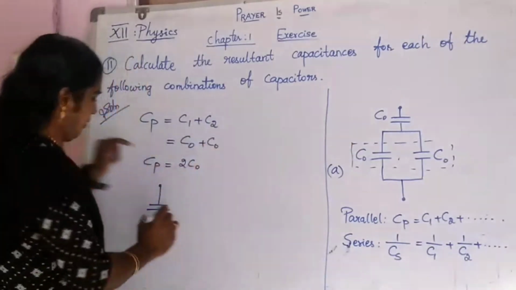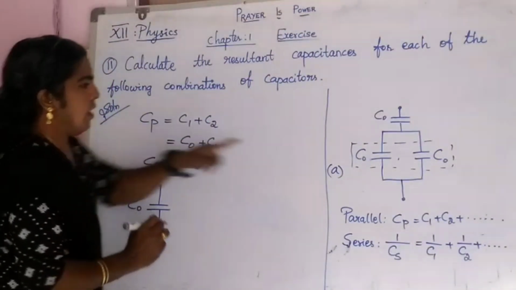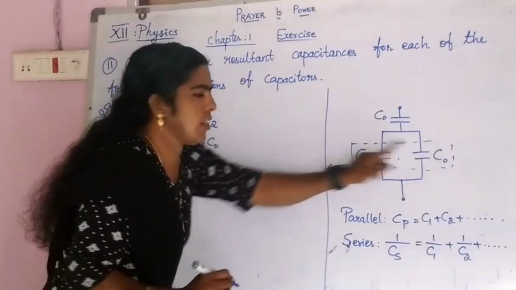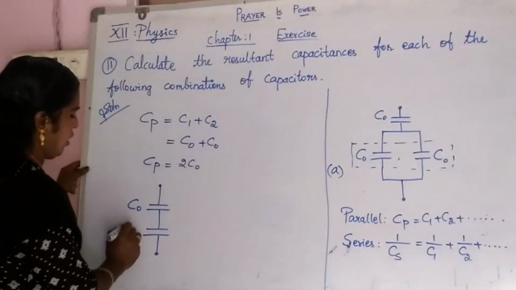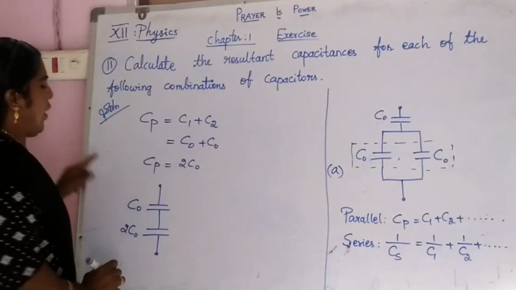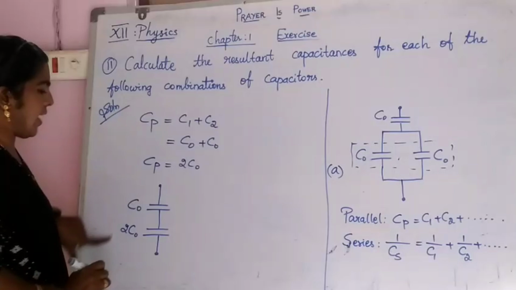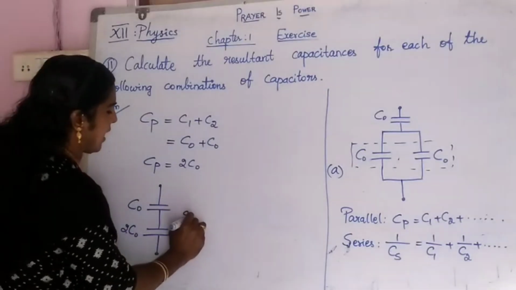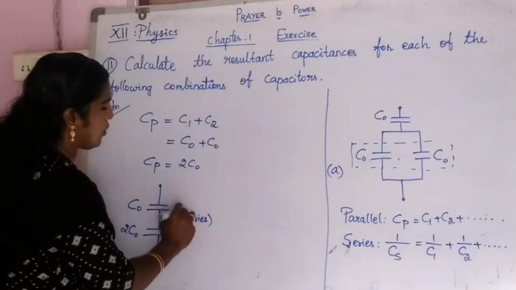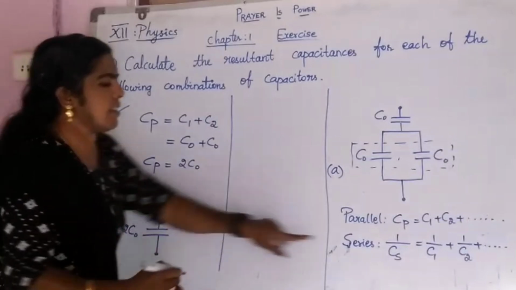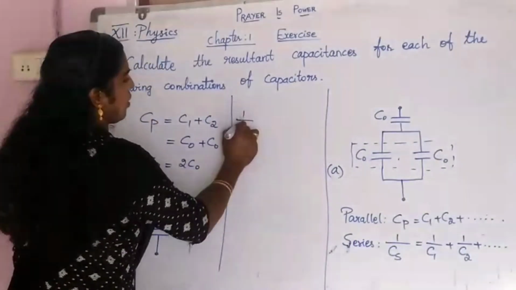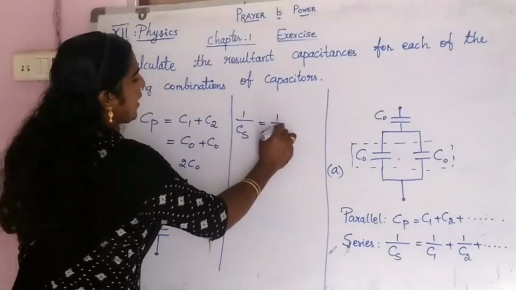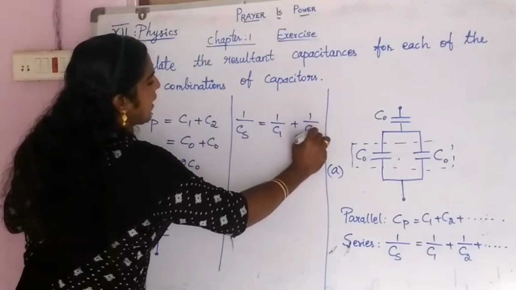This C0 and this C0 change into 2C0. Now use this circuit, which is series. So use the series formula: 1 by C1 plus 1 by C2.